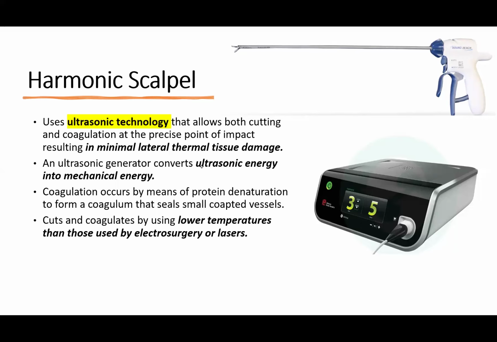It converts ultrasonic energy into mechanical energy, and that is what gives you your desired effect. It uses ultrasonic technology that allows both cutting and coagulation at the precise point of impact, resulting in minimal lateral thermal tissue damage. You see, all those problems of lateral tissue damage are eliminated with these advanced devices.